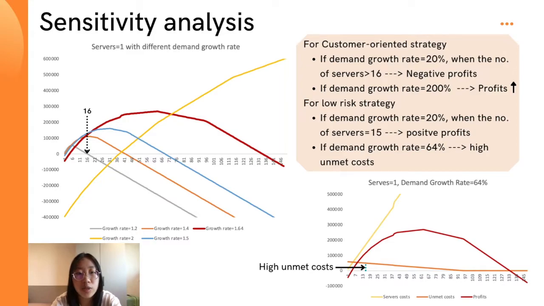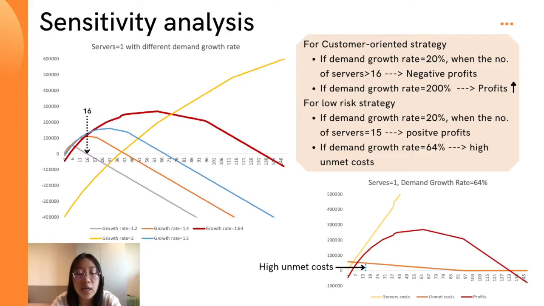To illustrate the pros and cons of the low-risk and customer-oriented strategies mentioned before, a sensitivity analysis has been carried out, as you can see on the left-hand side. In the case of the customer-oriented strategy, for example, if the growth rate of customer demand for the year is not 64% but 20%, Dogpool will have a negative profit when the number of servers is greater than 16.